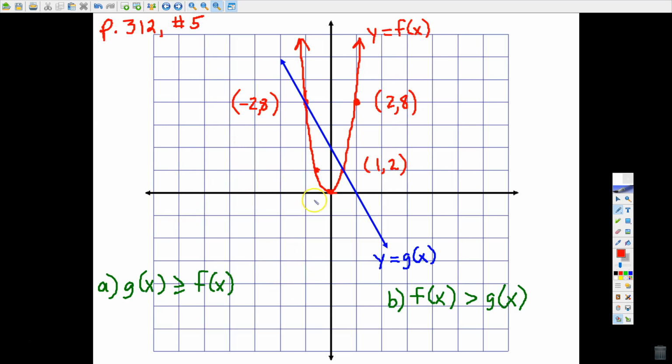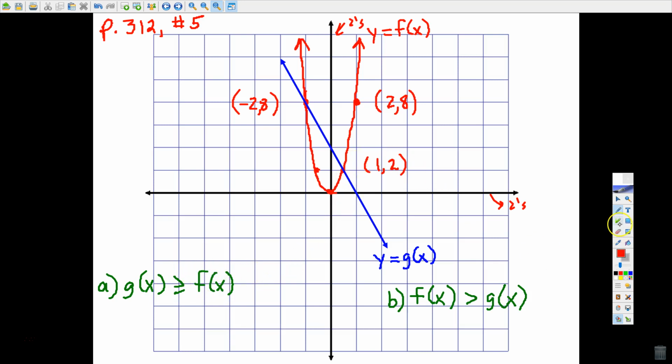Okay, number 5 is a combination of a linear function, the g function, and a quadratic function, the f function. You do have to be careful about this one because the units are in 2's. Both the y and the x-axis are in 2's. What this says in words is, give me the x-coordinates that tell us where the g function, the blue line, is above the f function.